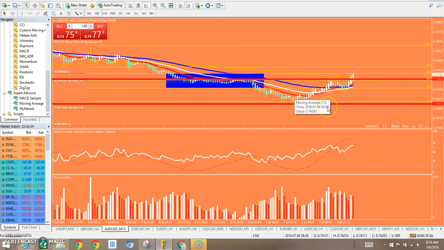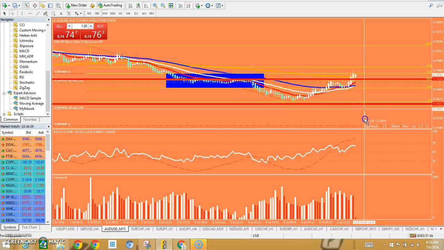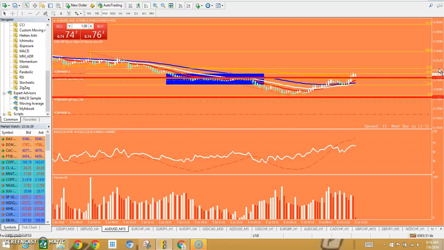Now, the major area of support will be breached if there's enough selling pressure, and my next sell stop will be triggered. I'll take that sell stop down for about 35 pips, 38 pips, and that'll be the end of my trade.